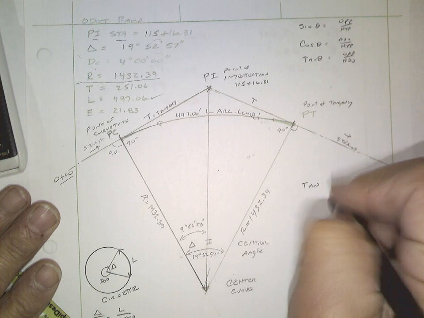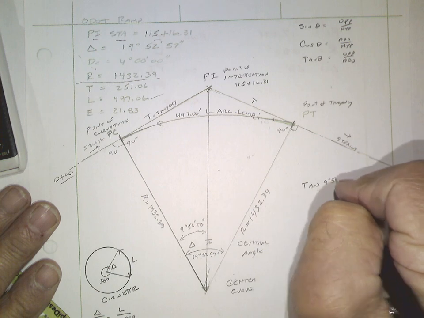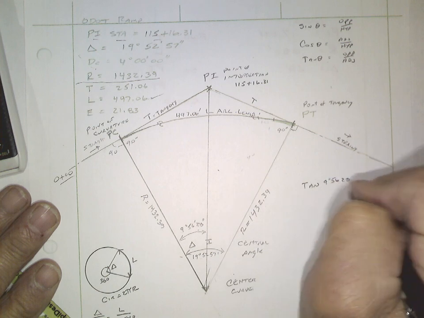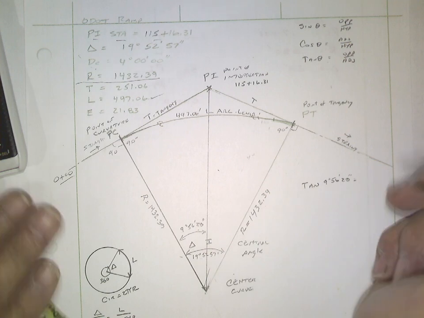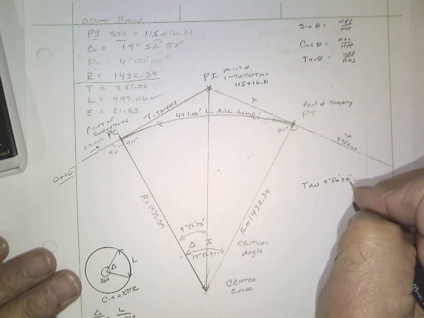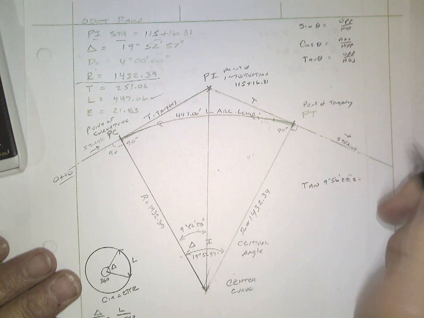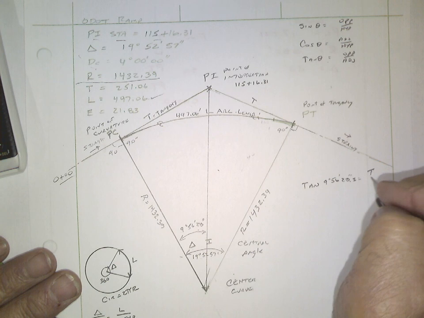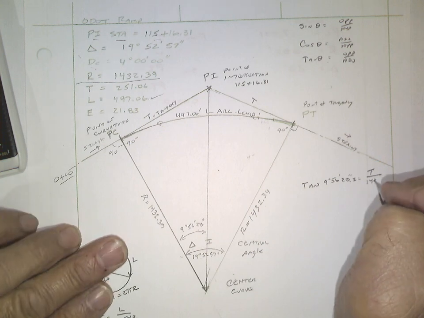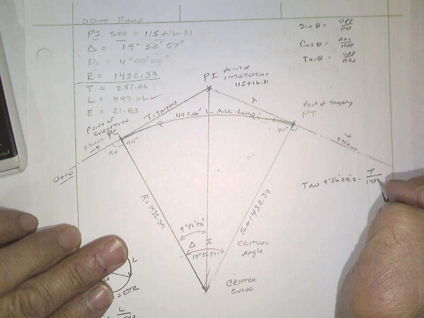So the tangent of 956.28 and a half is equal to t over the radius, or my side adjacent, of 1432.39.